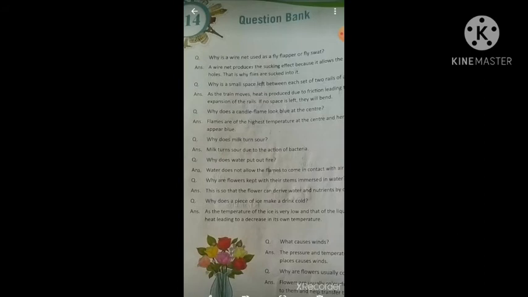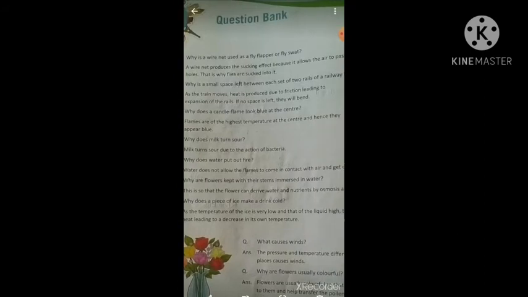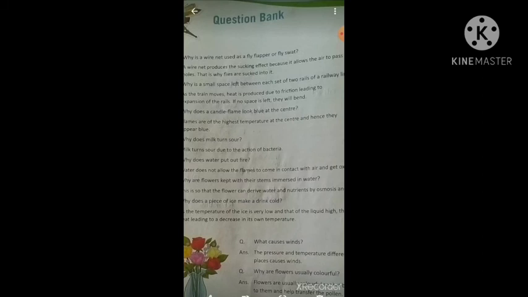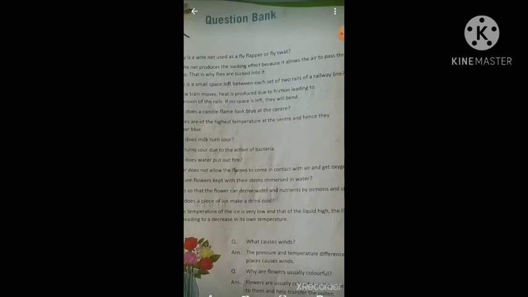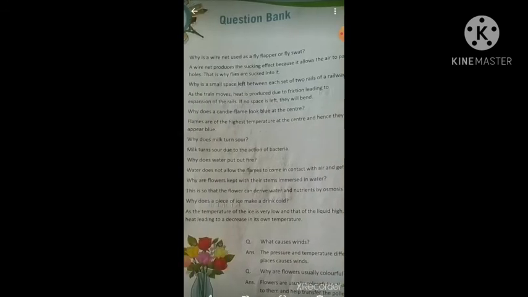So the holes in the wire net or that fly flapper produce the sucking effect. That way it allows air to pass through its holes, so flies are sucked into it.